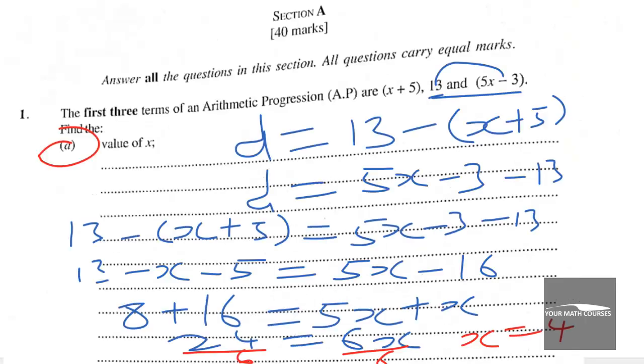The B part of the question says that we should find the 22nd term. So at this point, the first term is x plus 5, which is 4 plus 5. The next term is 13.